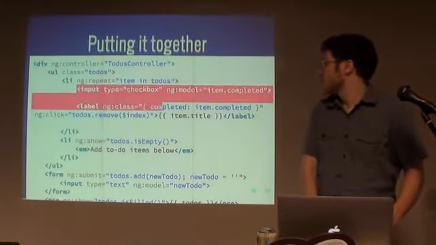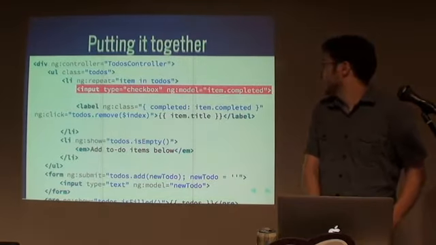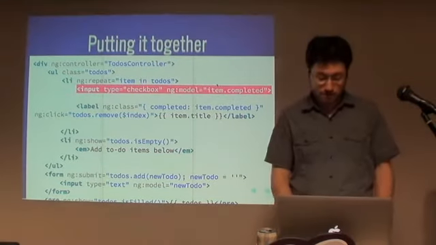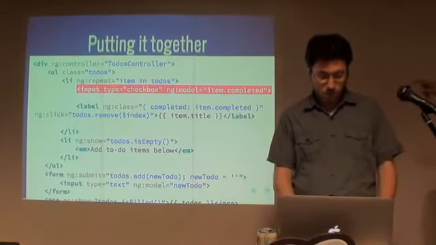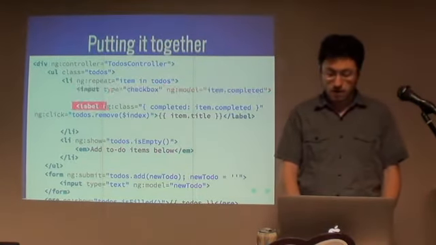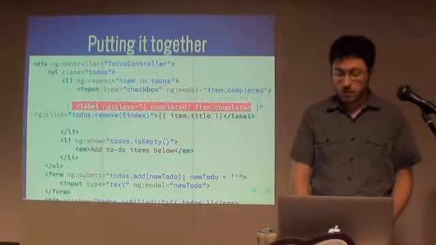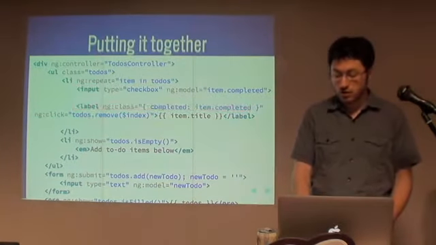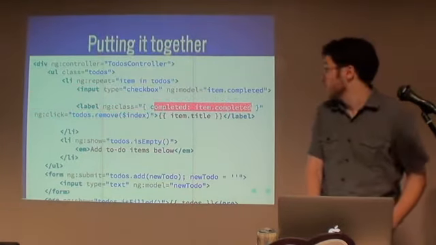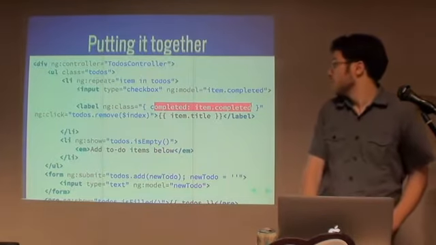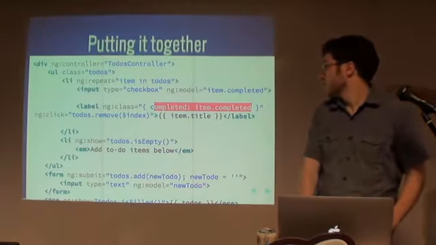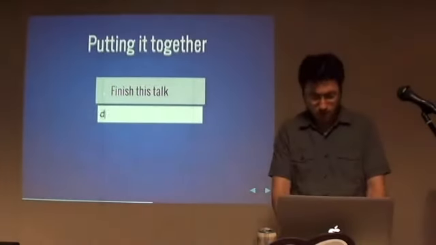We have a checkbox that we can bind to the status of the item, whether it's completed or not, and a label that we can assign a class to based on whether or not the item is completed.